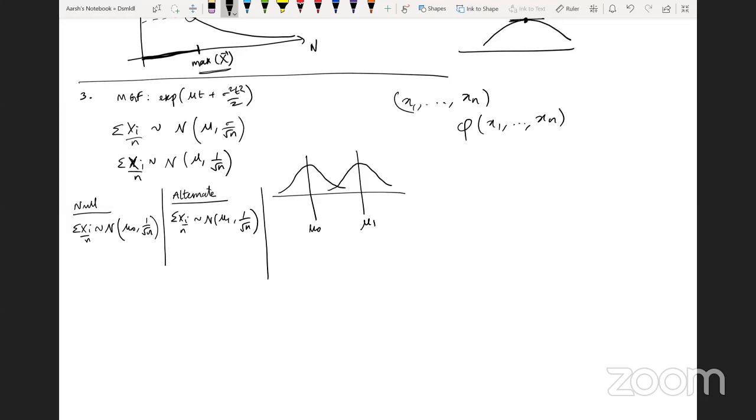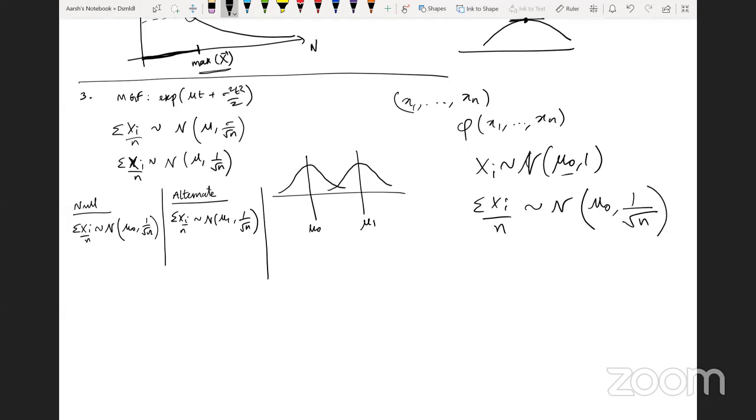So let's say the null hypothesis was true, and all xi's are distributed as normal of mu naught comma 1. One thing we should note here is that the mean of Gaussian random variables is also a Gaussian with the same mean as the distribution. So if they were distributed as mu naught, the mean will be mu naught, and the standard deviation gets reduced by a factor of root n.